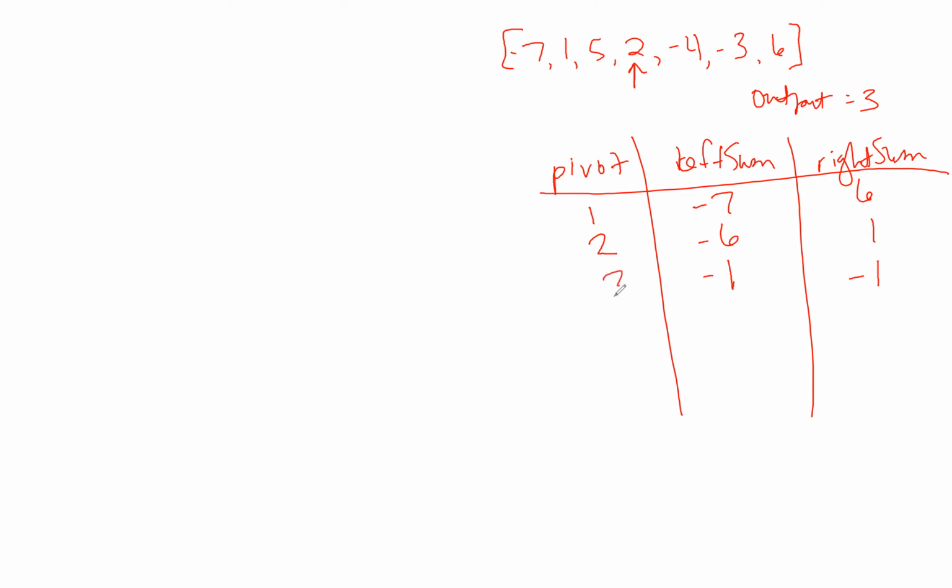And I also had increased my pivot to 3. All right, and so then I say, okay, is left sum equal to right sum? Oh, it is. Okay, I have found my equilibrium index, and it's at my pivot point of 3.